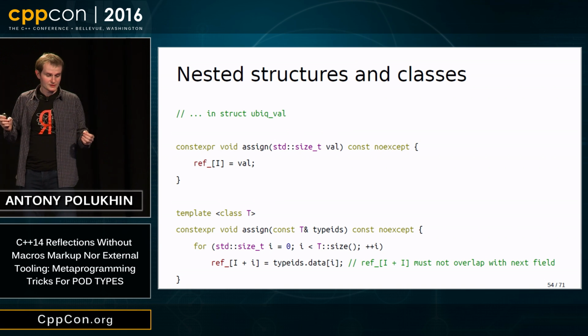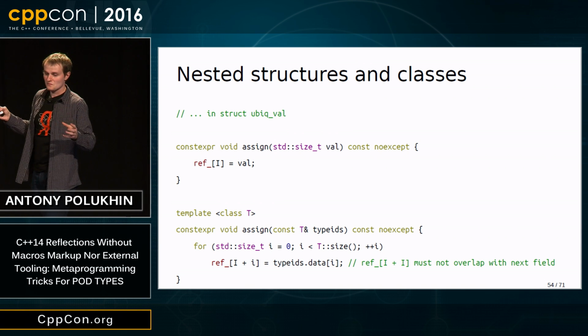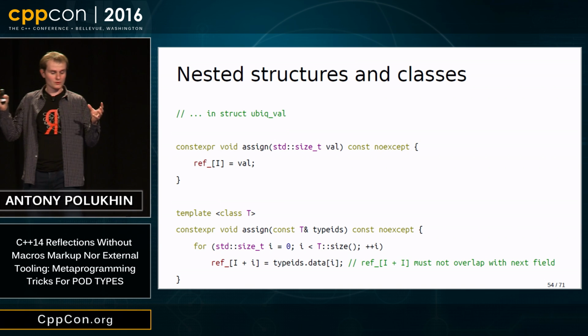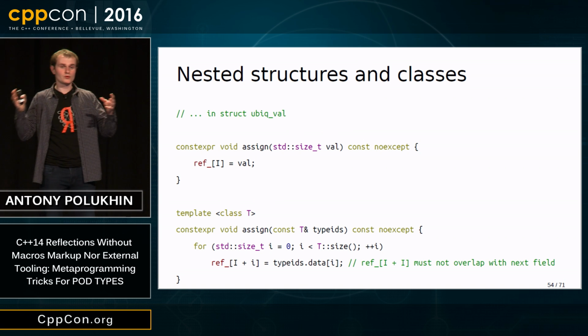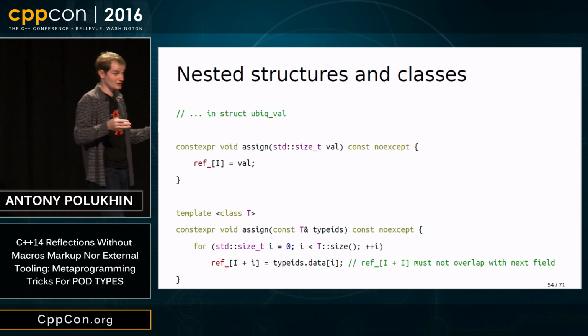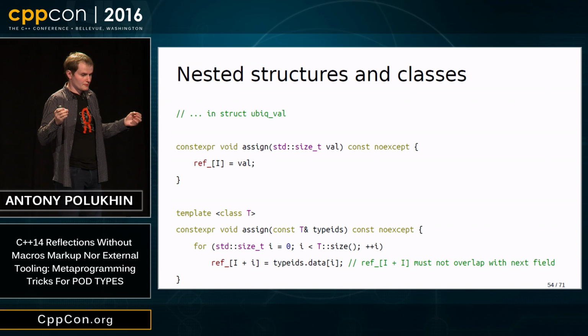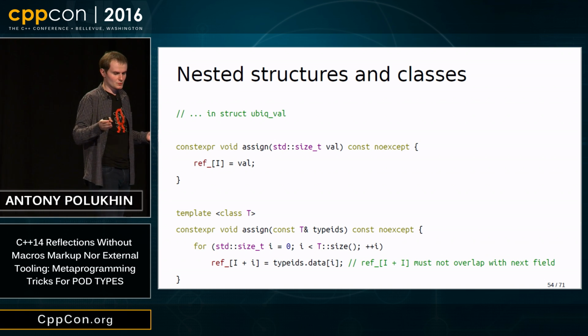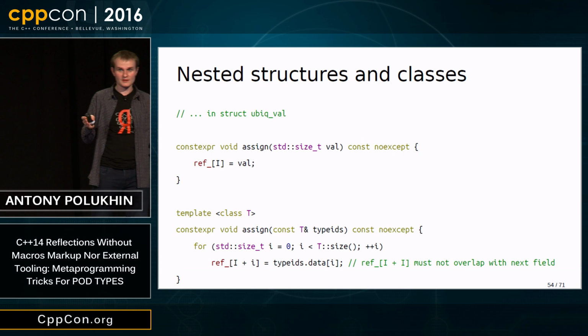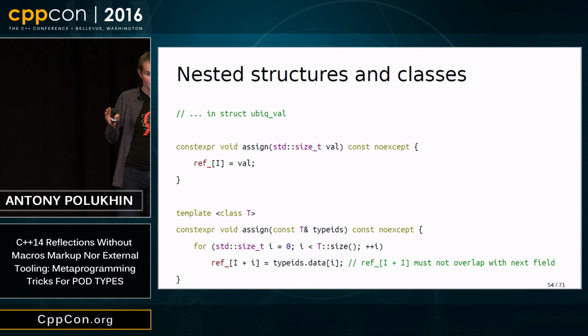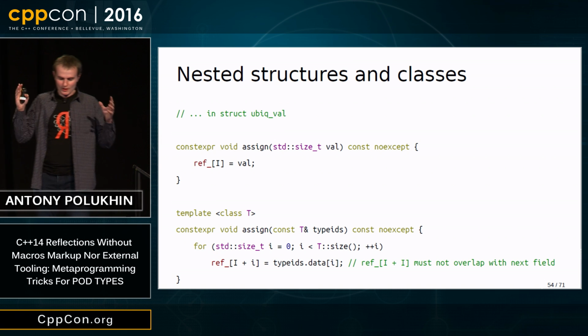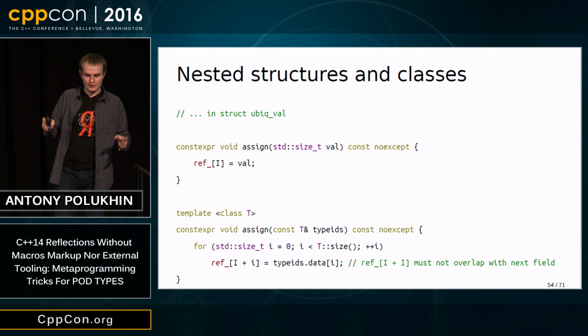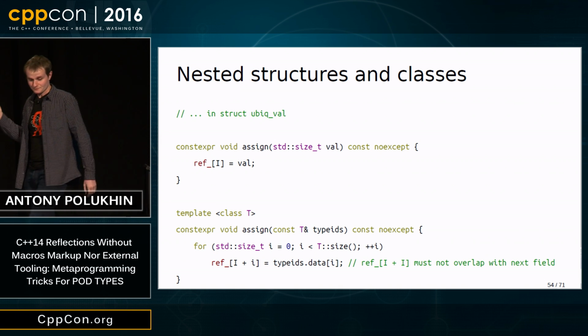The second function assign works with arrays, and it copies all the data from the array to the output array. We could probably use std::copy here, but this would be available only after C++17, if we're happy, if that happens. We're working in C++14, so we need to do it by hand.